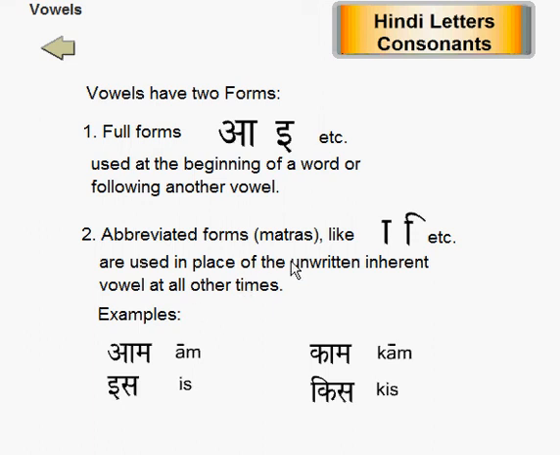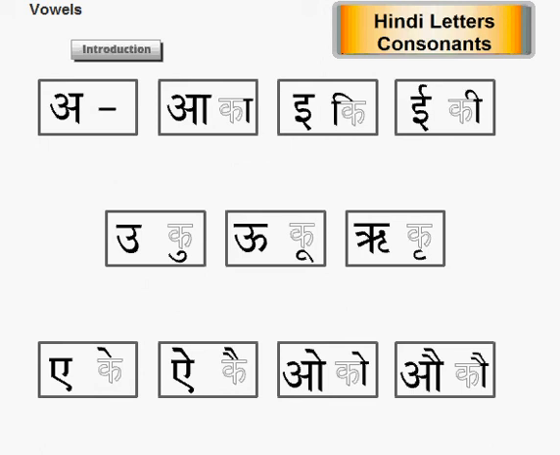They are used in place of an unwritten inherent vowel at all other times. As we know, the inherent vowel of a consonant is a, like in the ka, but that can be changed to ka or ki or ku, ke, all those things, and we will cover them as we go along. So let's move on now to cover each vowel one at a time.